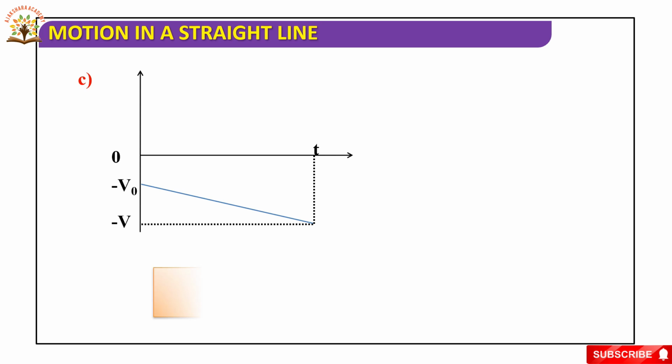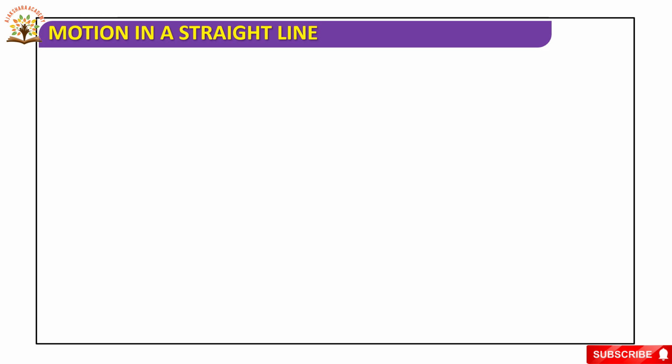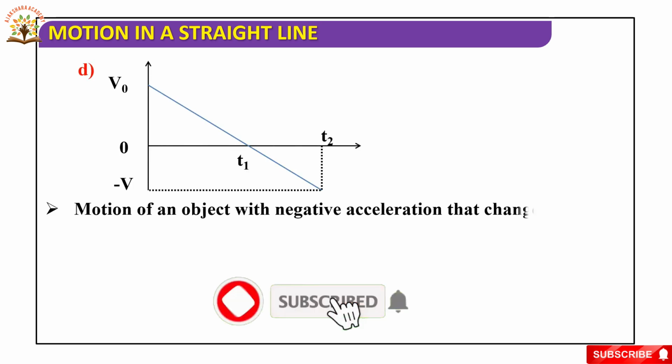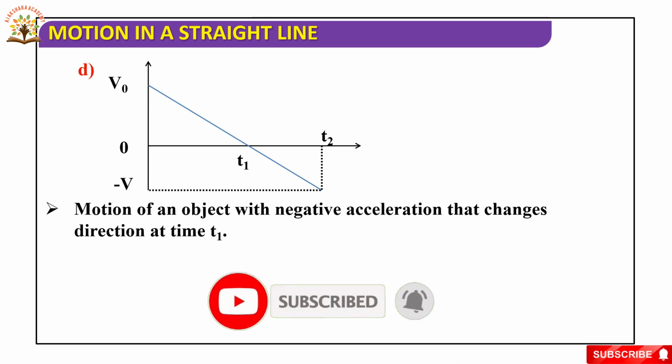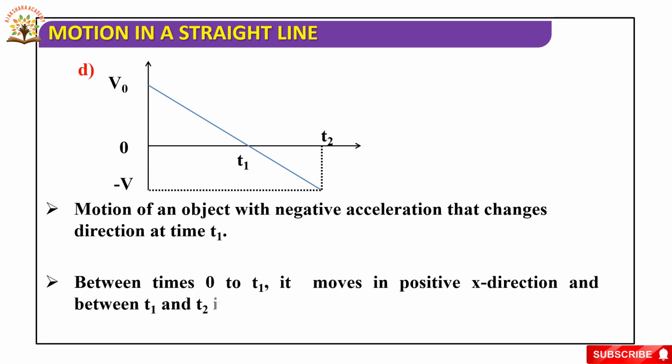The third one is motion in the negative direction with negative acceleration. Next, motion of an object with negative acceleration that changes direction at time t1. Between times 0 and t1, it moves in the positive x direction. Between t1 and t2, it moves in the opposite direction.